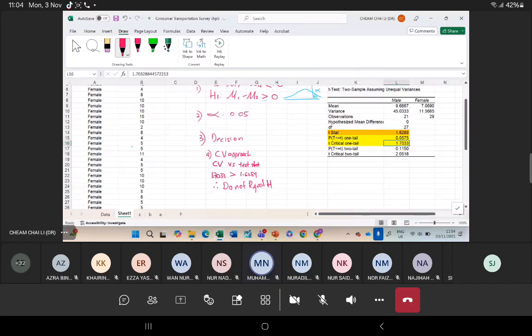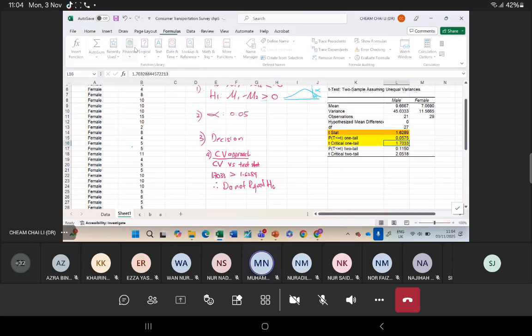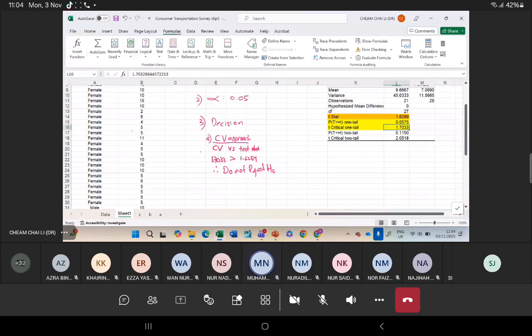So kalau kita menggunakan p-value approach, right? So p-value approach, and you compare your p-value with alpha, right? Alpha is 5%. P-value 0.055.